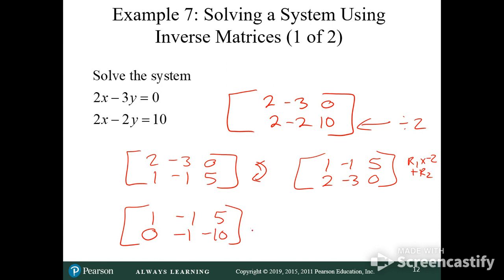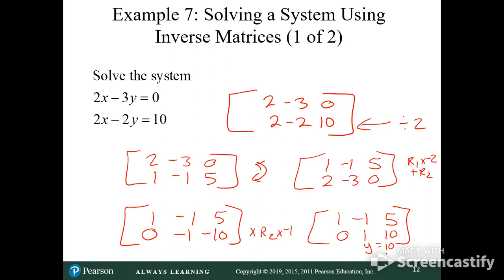Then what we're going to do is multiply row 2 by negative 1. So I get a positive 1 there. So I get 1, negative 1, 5, 0, 1, 10. So from this, I know that 1y equals 10. Okay, so 1y equals 10 because I eliminated, I got a 0 there for x.